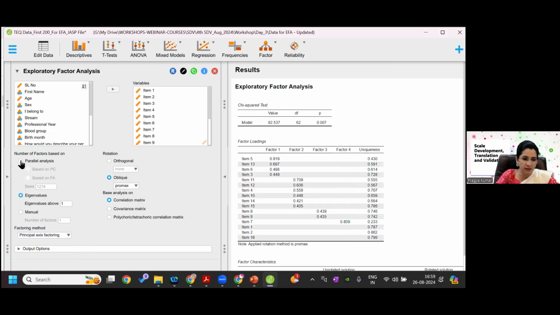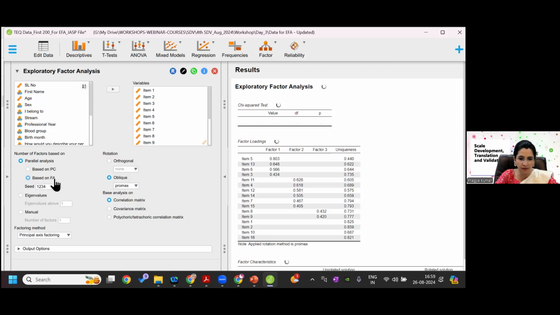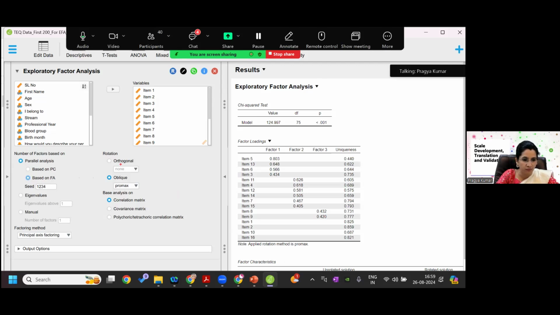So let's see it with a parallel analysis. And if you see this, based on principal component and based on factor. So if you go here, rotation. Now focus on rotation. You can see there is an orthogonal and there is oblique, or this is the correlation matrix.